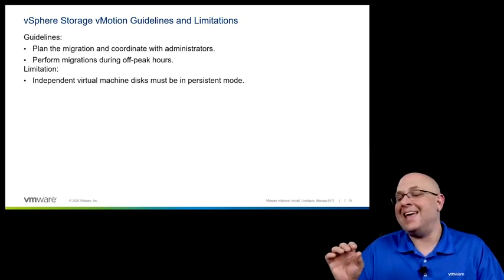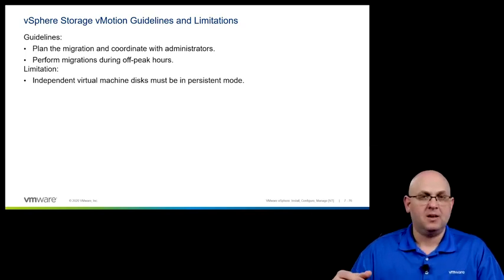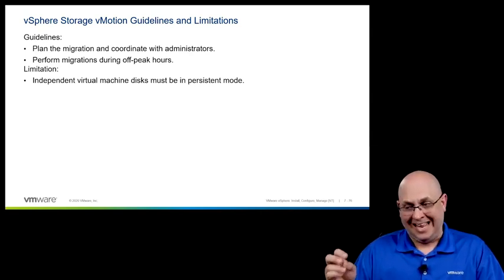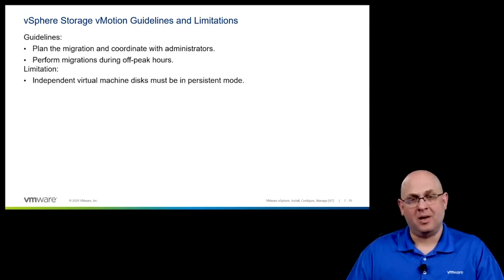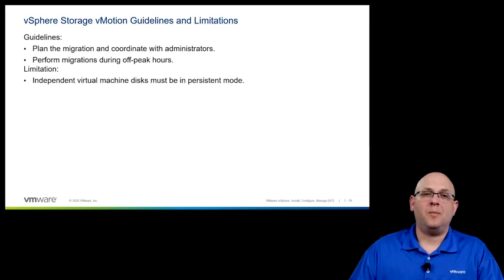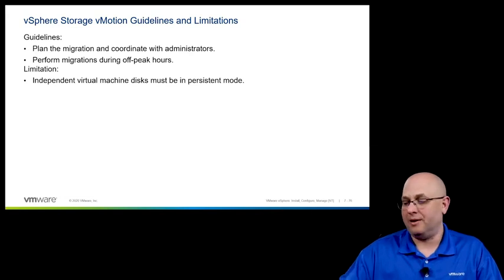Okay? There is a limitation that says independent virtual machine disks must be in persistent mode. By default, that is the case. But if you switch your virtual machines to an independent, non-persistent mode, meaning new writes will not be saved to a virtual disk, and won't be persistent through reboots, then storage vMotion is not compatible there.